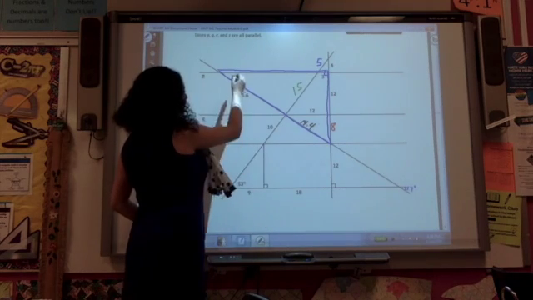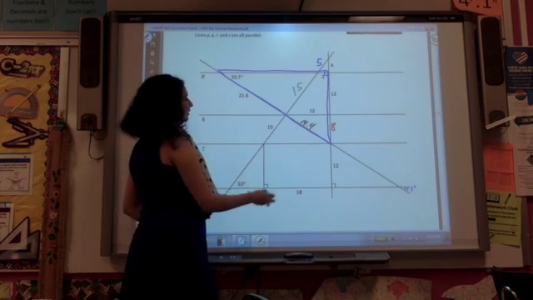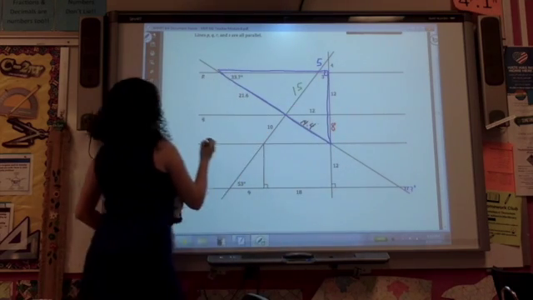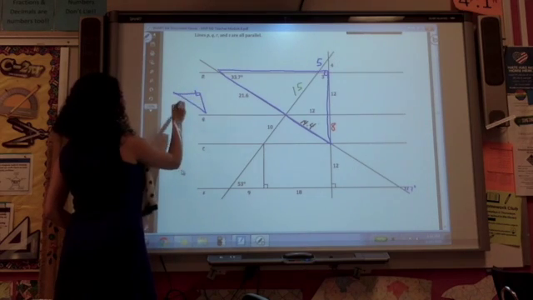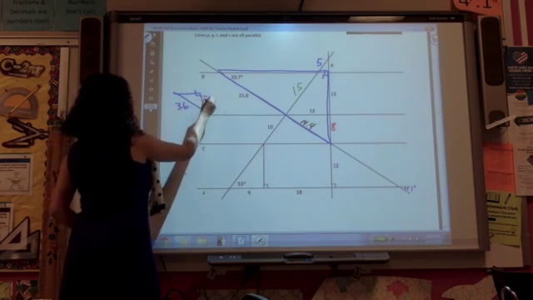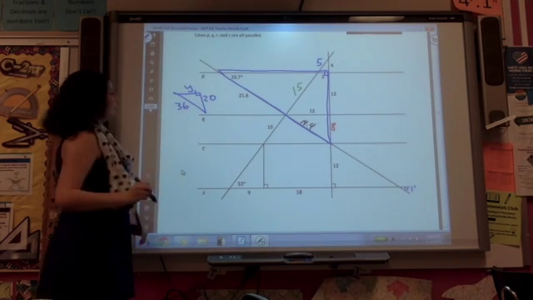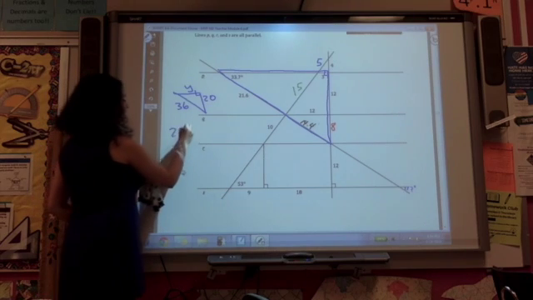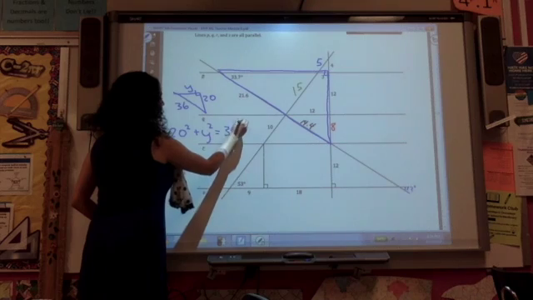I know that this side is 36 and this side is 20. So let's redraw this off to the side. 36 and 20. I'll call this side y. So I know that 20 squared plus y squared equals 36 squared.